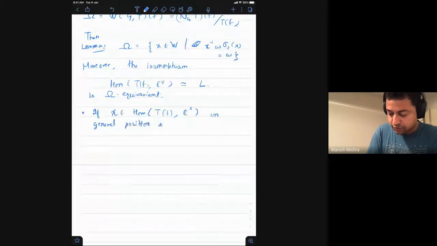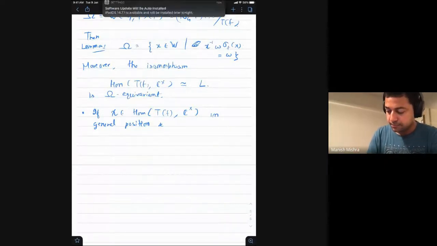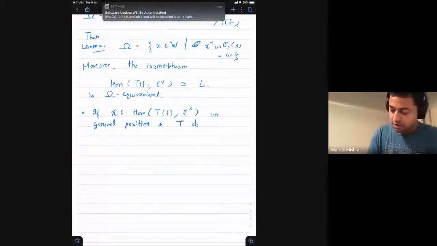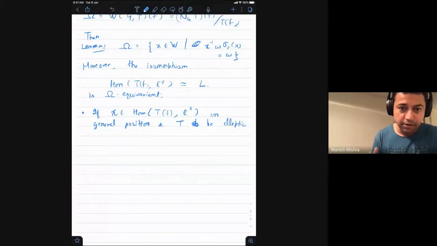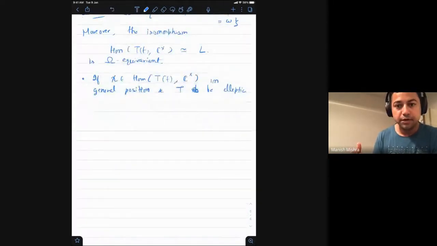That means that it's not fixed by any non-trivial element of the Weyl group of T, the F-rational points of the Weyl group of T, and let T be elliptic. Elliptic means that it's not contained in any proper parabolic subgroup.